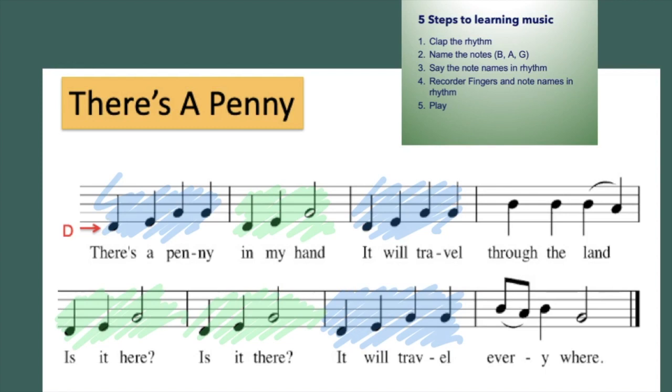So there's the process. I know you guys can do this. Take your time to work through each step. So we packed a lot into this lesson, and what I'd like to hear you do is play There's a Penny in My Hand on recorder in Seesaw. But it doesn't have to be immediately after you watch this video.